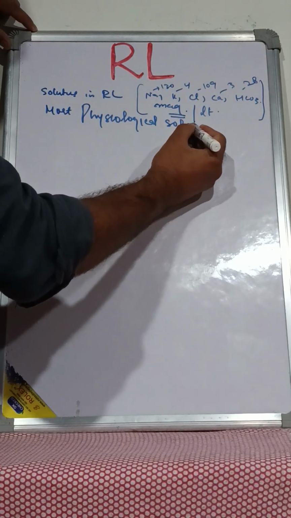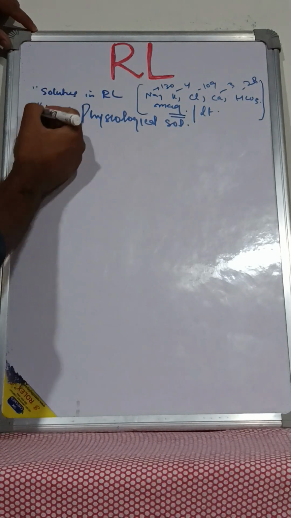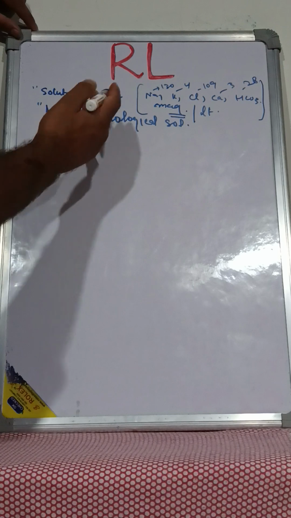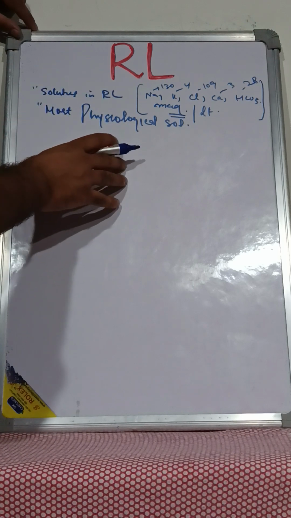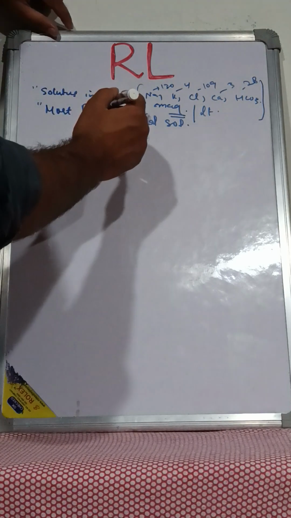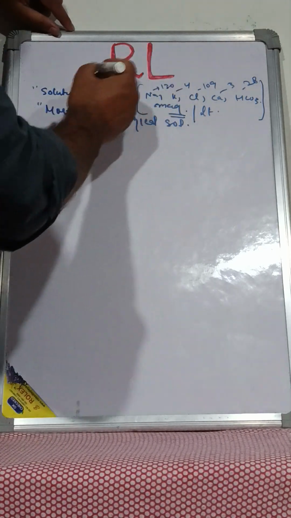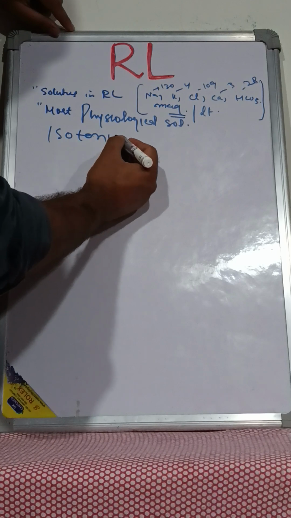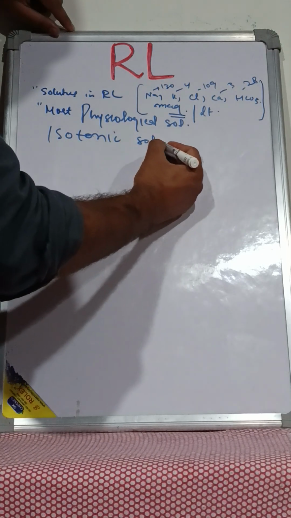Number two, it contains a mixture of various solutes which are identical to plasma in concentration. That is why it is classified as an isotonic solution.